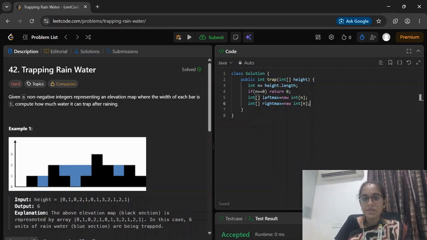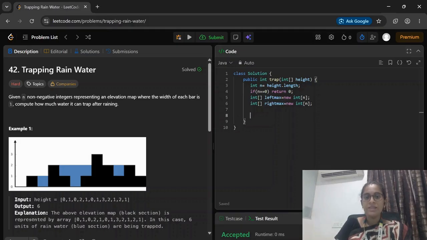So what is next? We need to calculate the left max here. The left maximum at index 0 is going to start from height of 0, and the right maximum will be calculated from the last position.